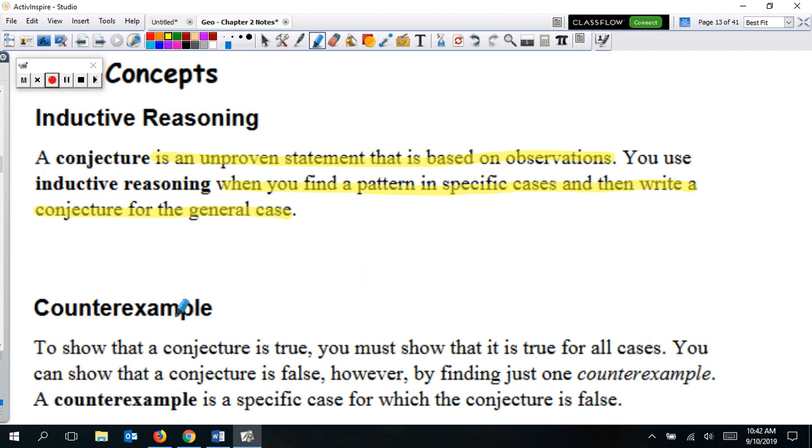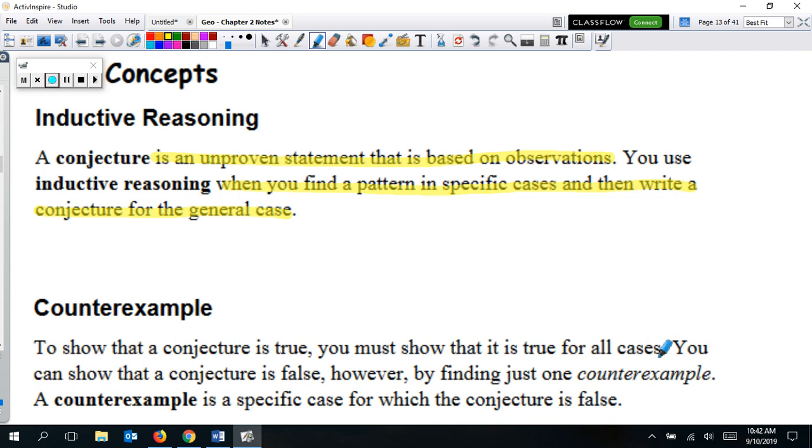Something like that. Now, a counterexample is the next thing to say here. Because in order to show that your conjecture really is true, which is inductive reasoning, you must show that it's true for all cases, all the time. So it's hard to show that an inductive reasoning is true because there's sometimes an infinite amount of cases.